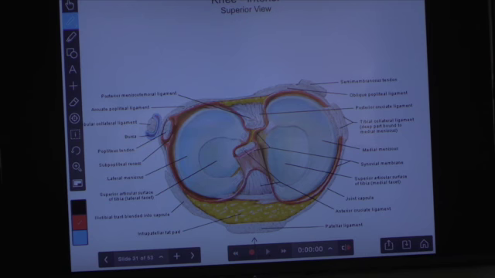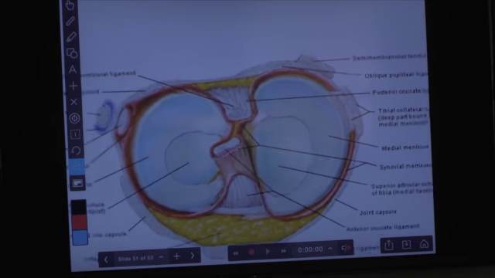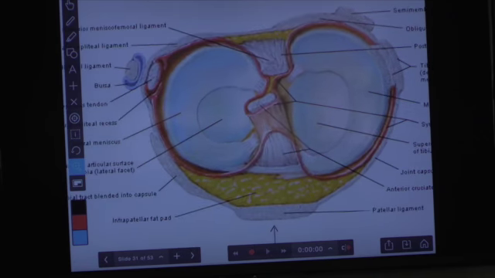So I'm going to make this just a little bit bigger so we can see what we're talking about. So here is the lateral meniscus. Lateral meniscus is almost circular. It is not attached to this ligament at all. It's independent, so it freely moves. It's thinner, it's not thicker, it's thinner.